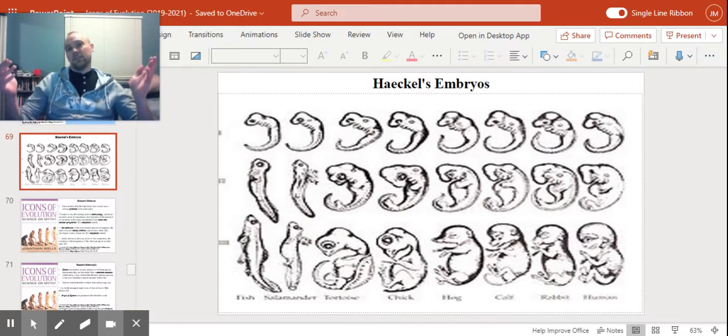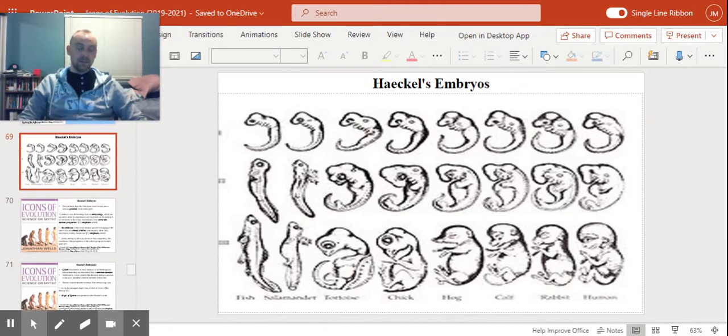Meaning this, if the fish, the human, and other embryos look similar at their early states of development, then it makes sense that they all at one point have a common ancestry, even though they grow into creatures that look very different.